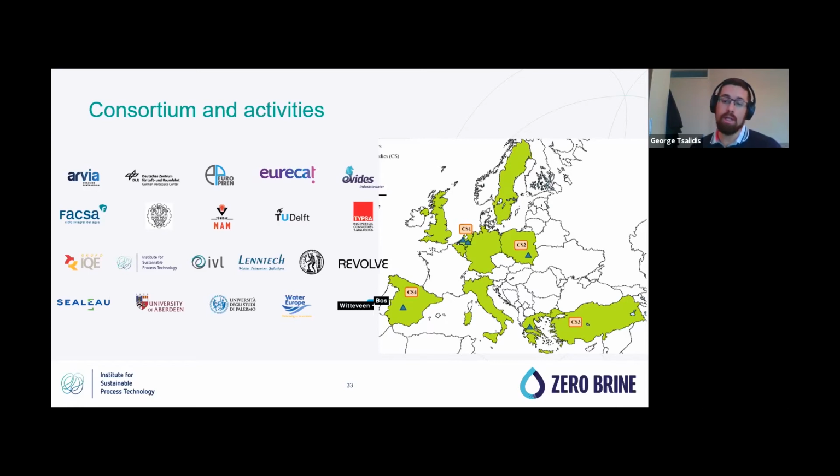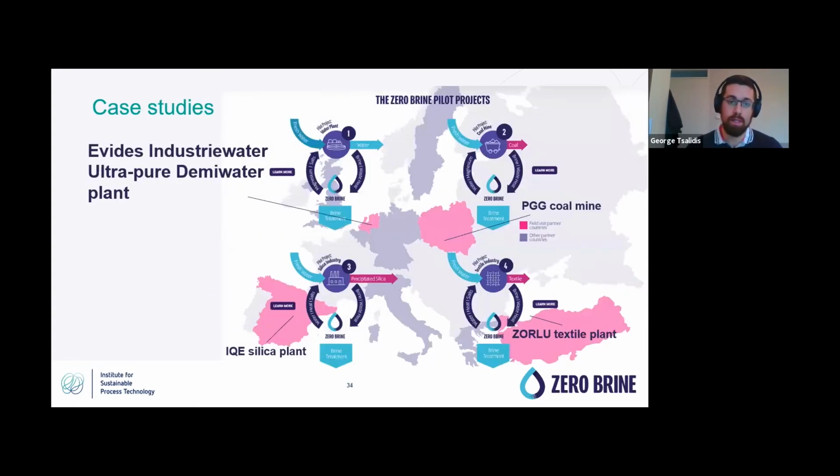Next to that, brine excellence centers, BECs, were developed, and they demonstrate the same technologies which are part of the case studies at bench scale or pilot scale, and I will talk in more detail about each case study.